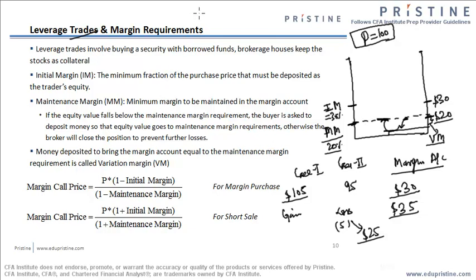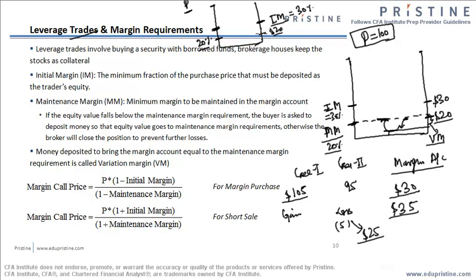So let me summarize. Whenever you enter into a trade with a price of P, the initial amount that you need to deposit is called the initial margin. This initial margin is some percentage of the price. So in our case it was 30%. Now if the price goes down below a limit, suppose that limit was 20%, meaning $20.